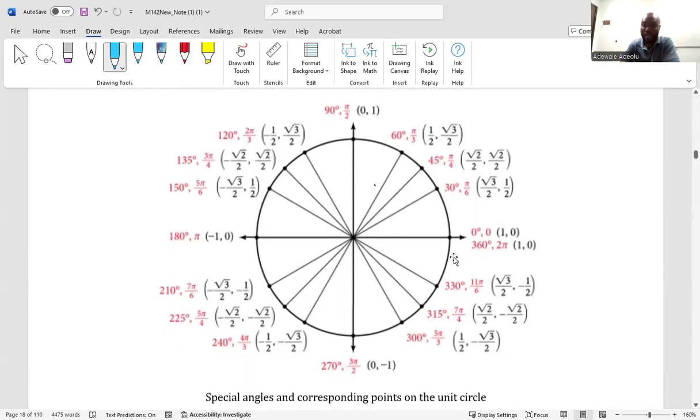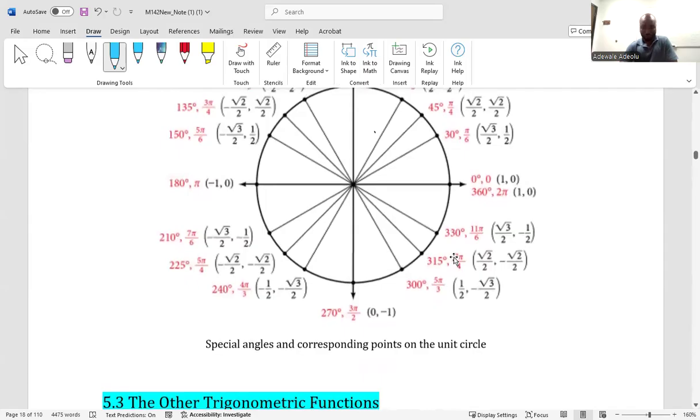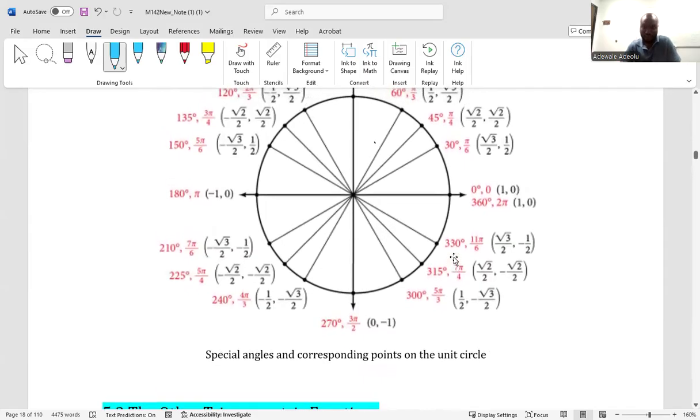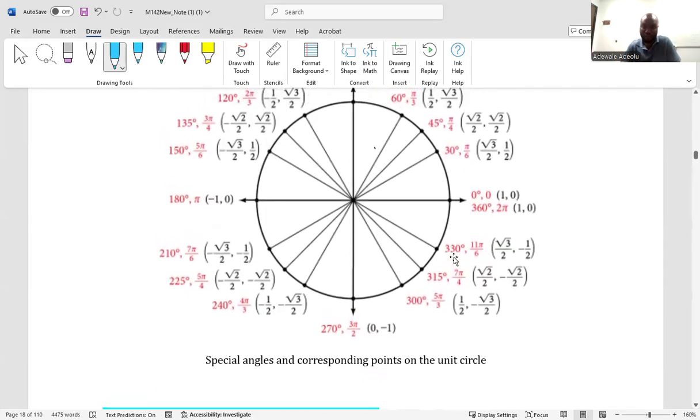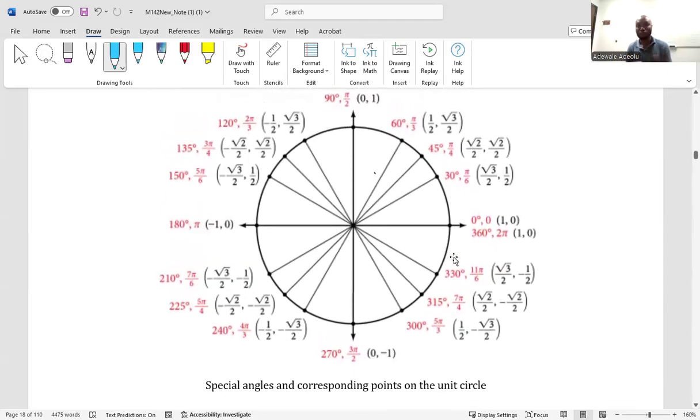So in general, we have what we call the unit circle, having the values of the terminal points, that is the special angles and the corresponding points on the unit circle. So we have this. You should always have this by your side anytime you are working on anything related to calculus, because this is what we can call our calculator.